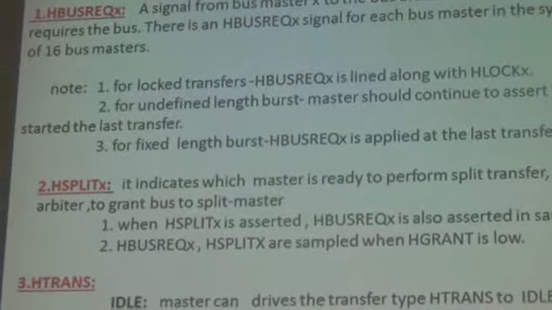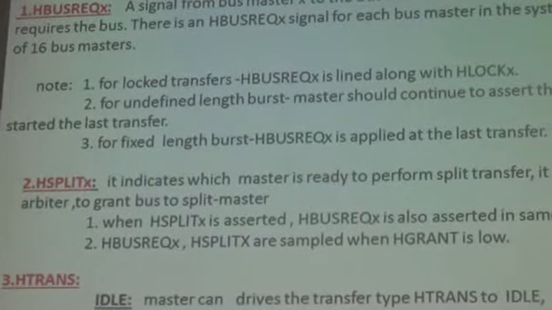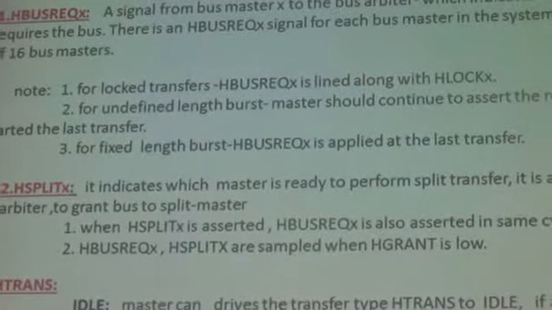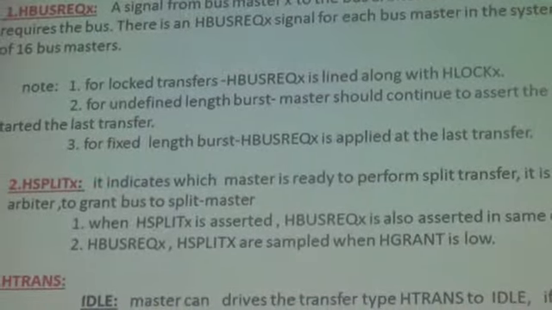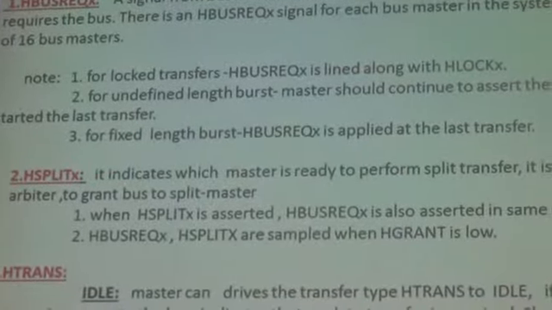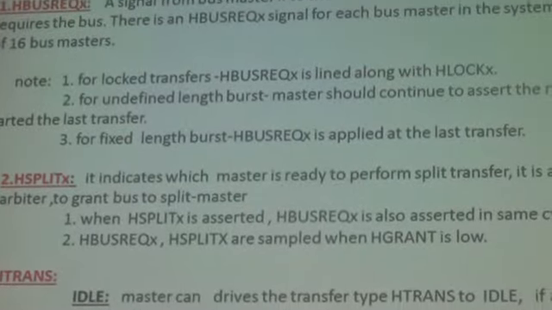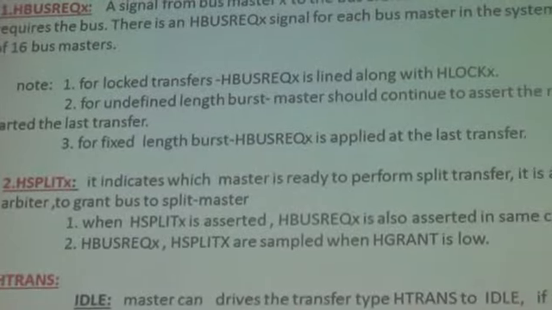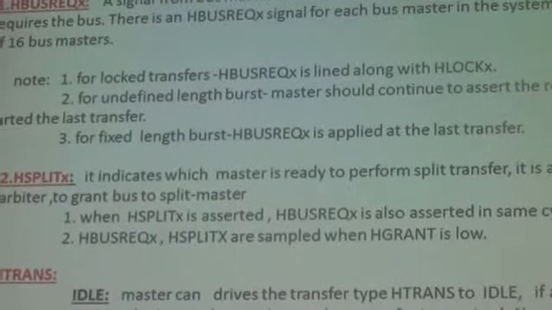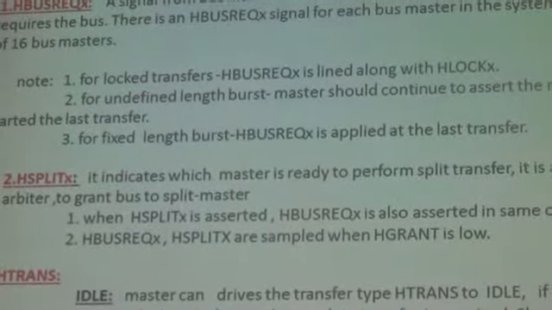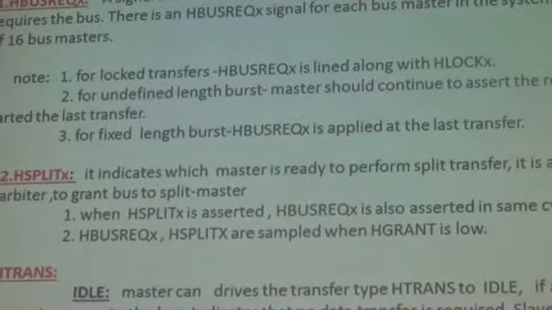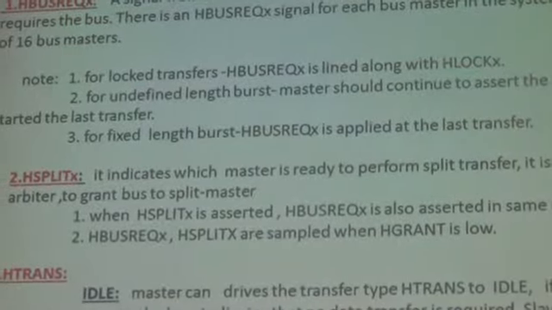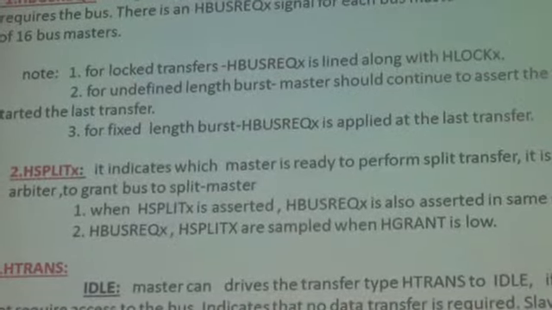There are some noting points for HBUSREQ. If you are performing a locked transfer, HBUSREQ is asserted along with HLOCKx. Since it is a locked transfer, as long as HLOCKx is asserted, HBUSREQ is also asserted. For an undefined length burst, there are some transfers whose address and control depend on the previous transfers.